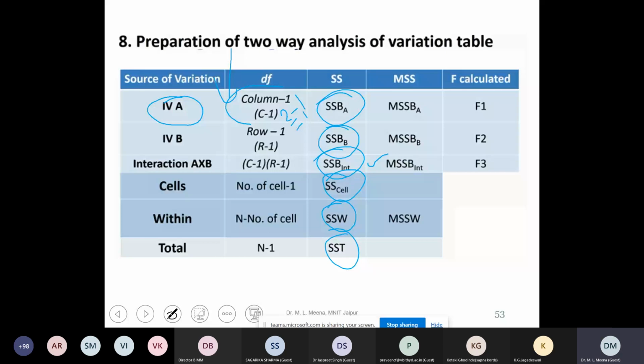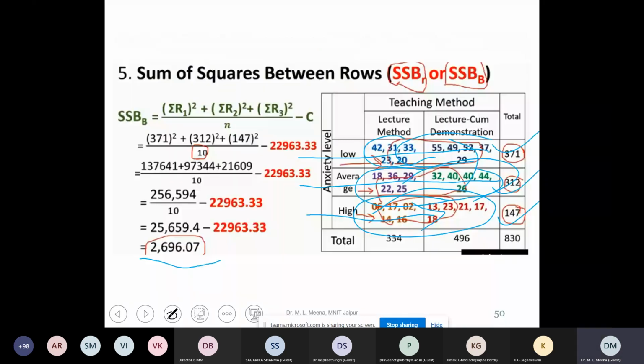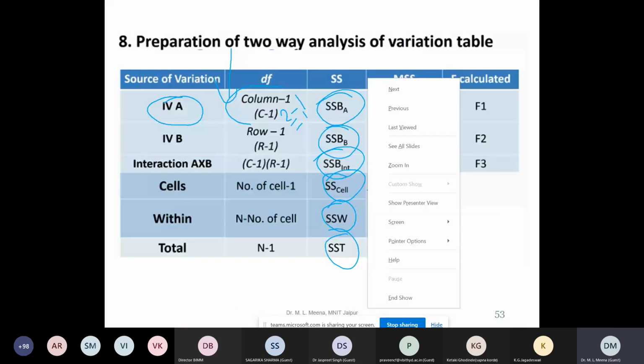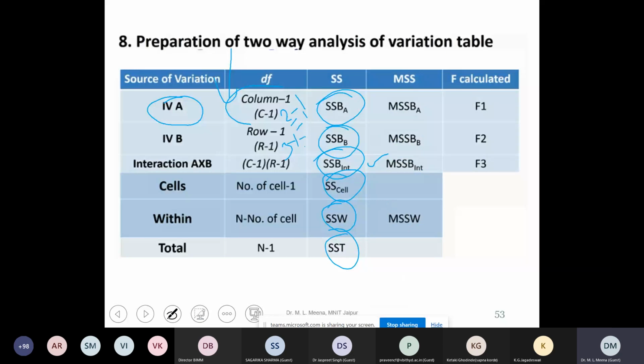Degree of freedom of independent variable B is row minus 1. We have three levels: low level, average level, high level. So 3 minus 1 equals 2. So the degree of freedom of independent variable B is 2, and of independent variable A is 1.